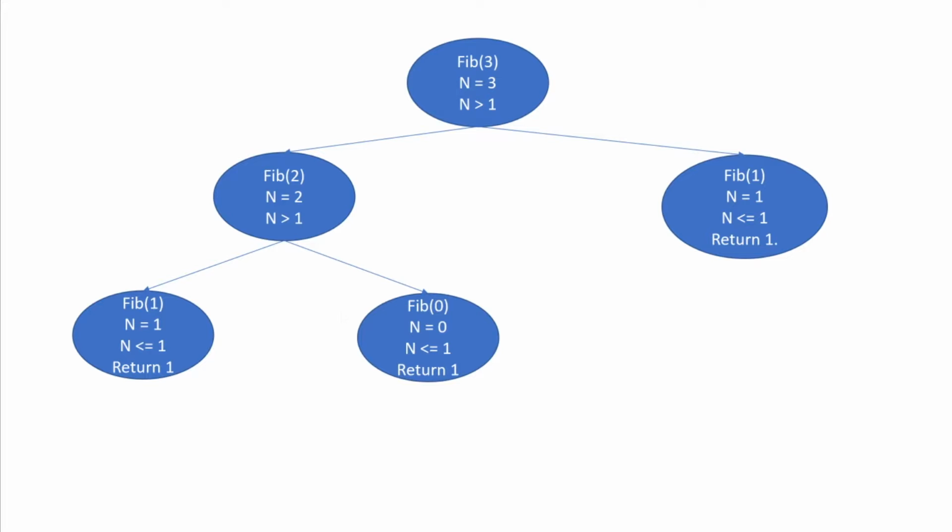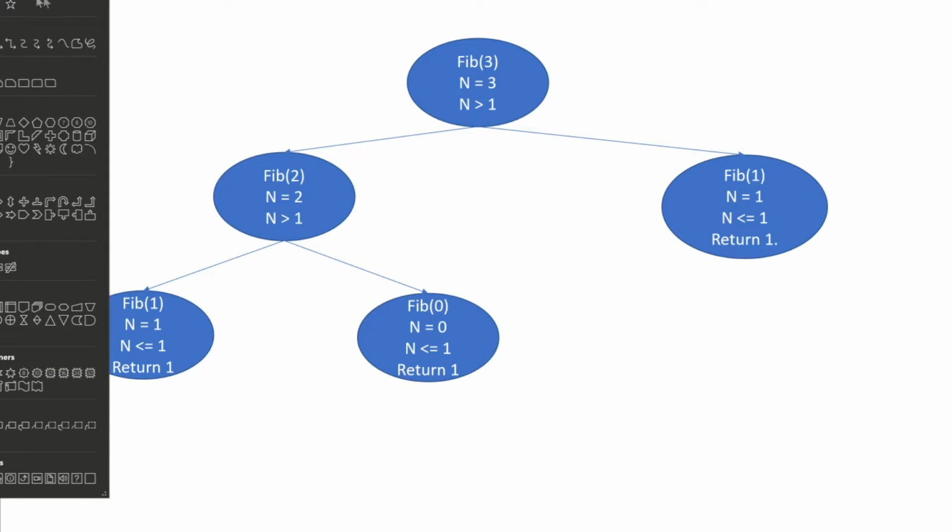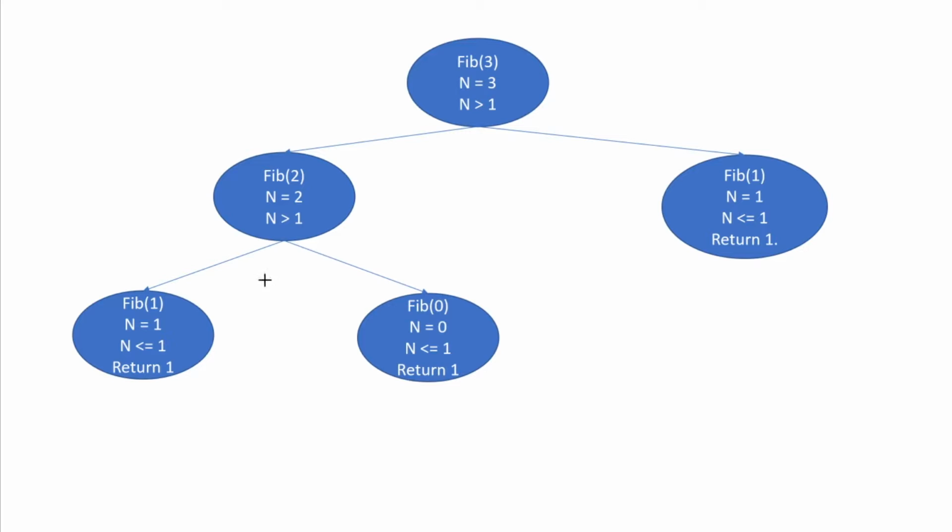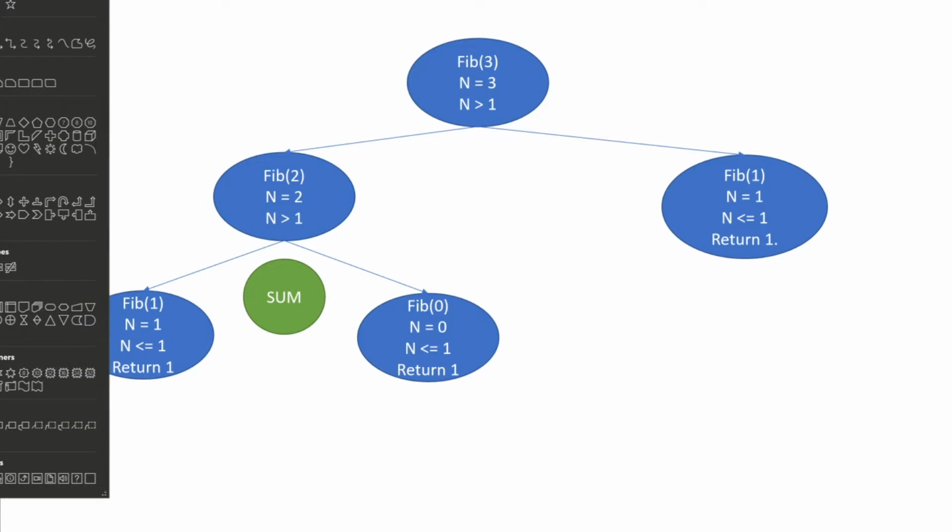And then these get added up, so the return here, I'm going to add another box, make it green, is equal to sum, and that gets returned.